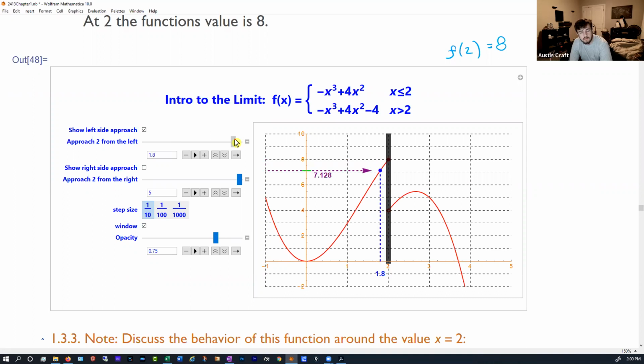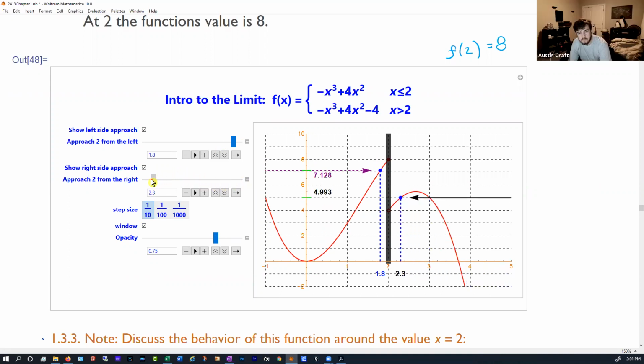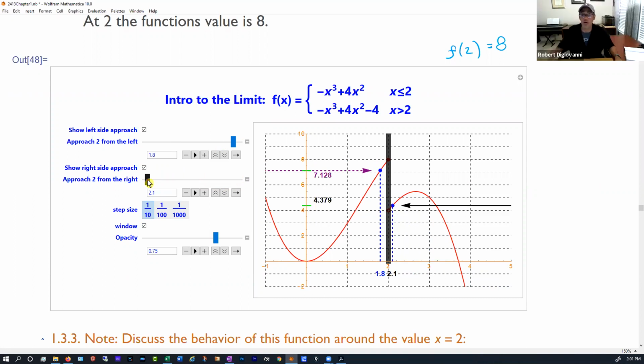Yes, they are. But if I come in from the right side, are my y values approaching 8? No. Approaching 4. So we're getting different things from different sides, aren't we?